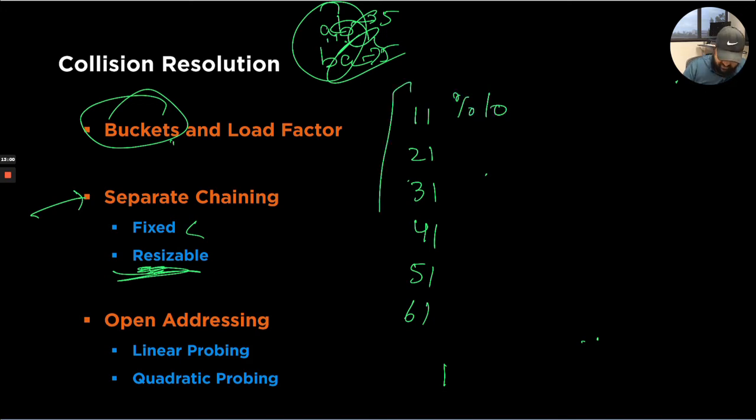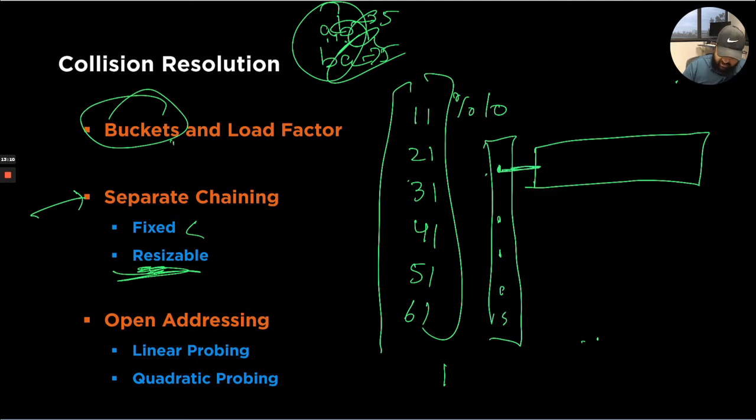So all of these values would land in the same bucket. The first bucket will have 11, 21, 31, 41, 51, and 61.